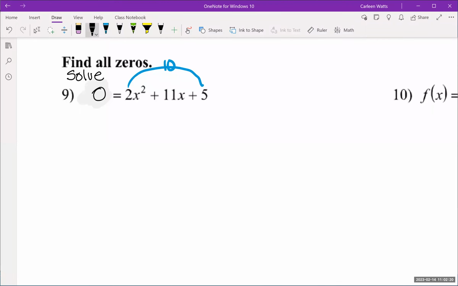So rainbow, diamond, box. I need 2 numbers that multiply to get 10 and add to get 11. 10 and 1? Yeah, 1 and 10.